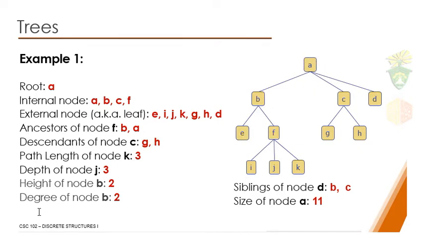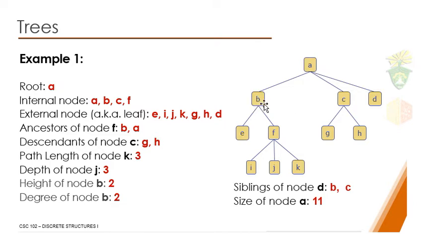And then, the height of node B. Height is measured from the bottom, to the deepest leaf of the tree. How many edges do we see? We have 1, 2. Next, the degree of node B: these are the subtrees within that branch or portion of the tree.